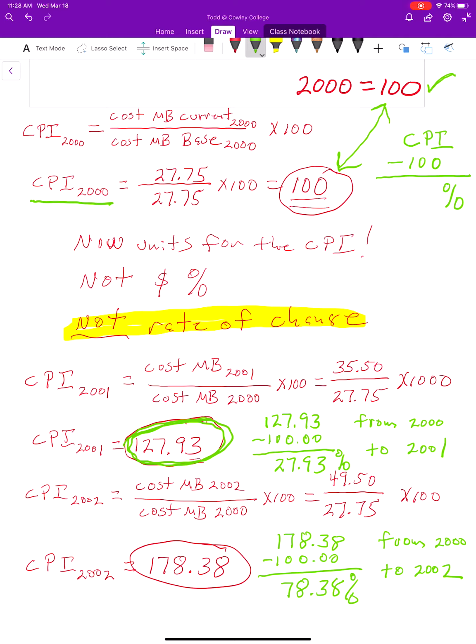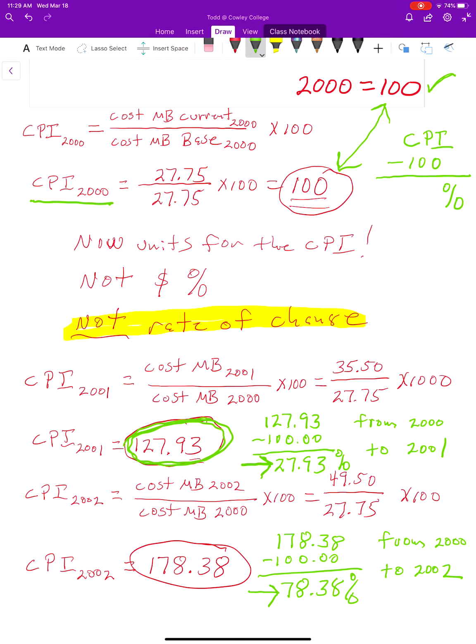When you look at this number down here, and you say that average prices have increased 27.93% from 2000 to the year 2001, what that says is if I bought the basket in 2000 and I buy it now in 2001, it'll cost me 27.93% more than what it did. All right. Now that's only 1 year. But let's go down to this year right here.